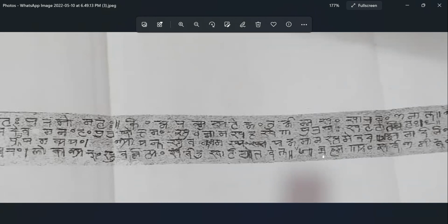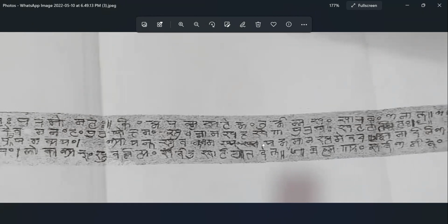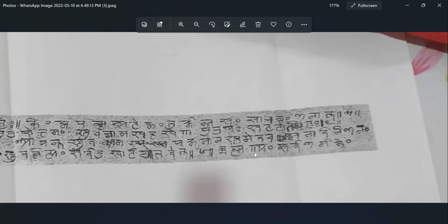Brahma. Okay, Brahma. Brahmanyam, with ya with anuswara. Not Brahmanam, because the stroke is na, with ya with anuswara. Brahmanyam. Okay.